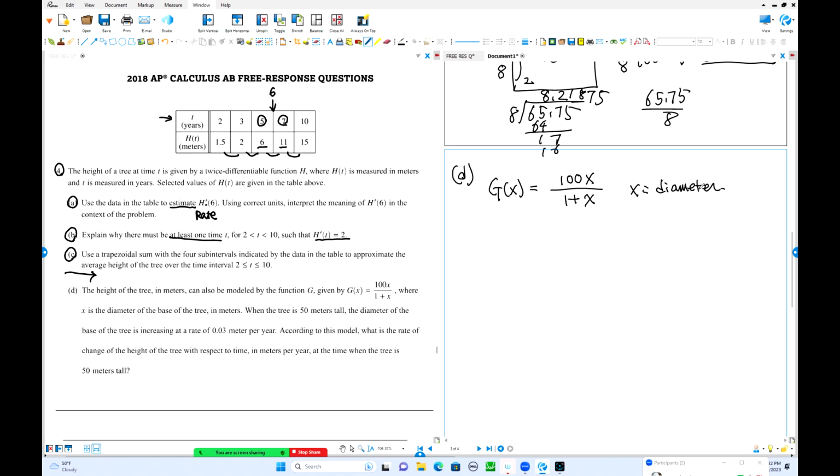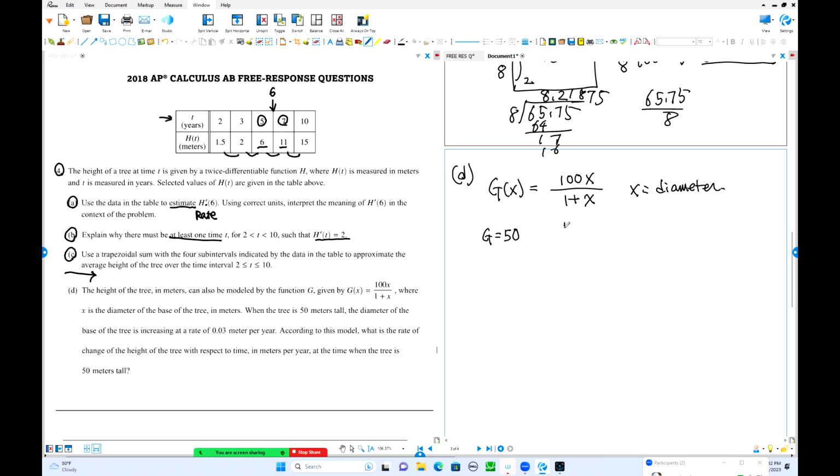And where trees are 50 meters tall, the diameter of the base is increasing at the rate. When the height is 50 meters tall, so when g equals 50 meters, the diameter is increasing at the rate of 0.03.